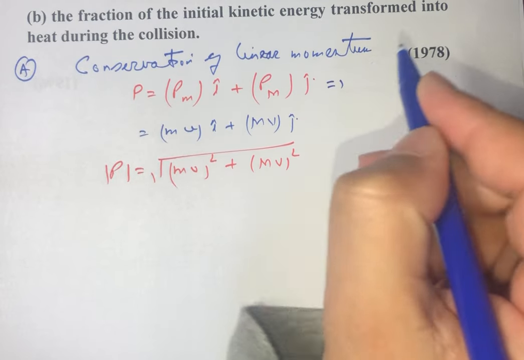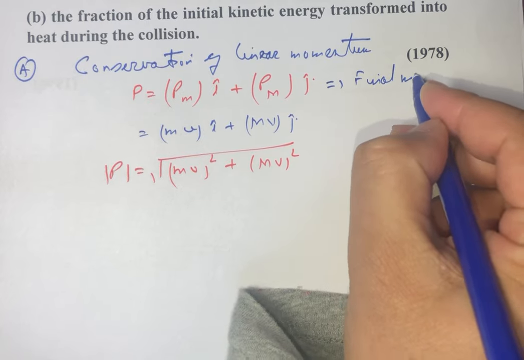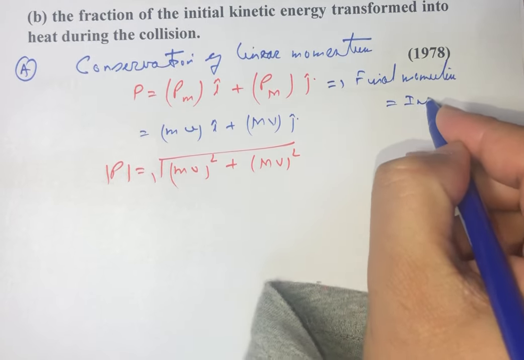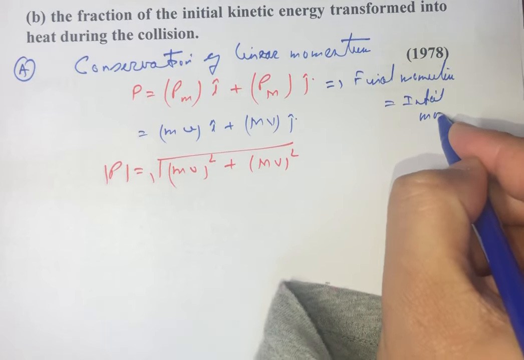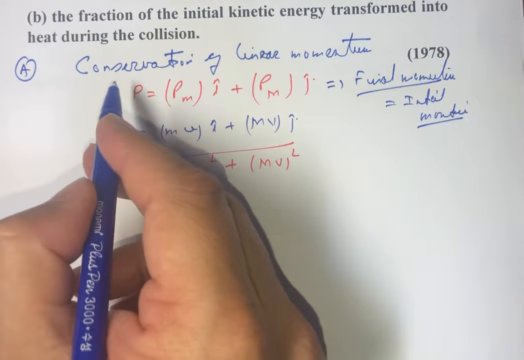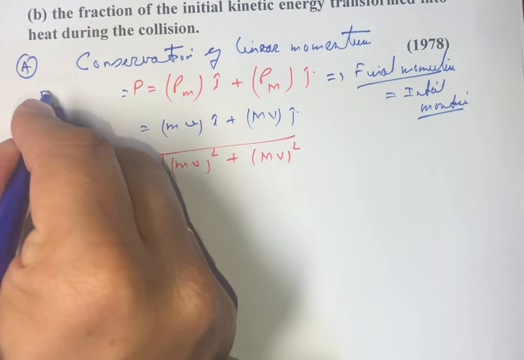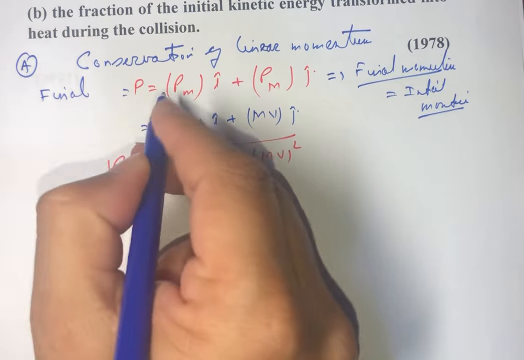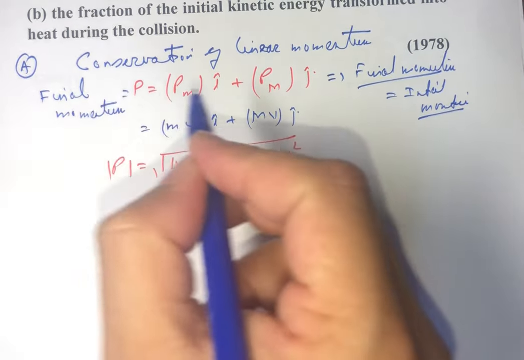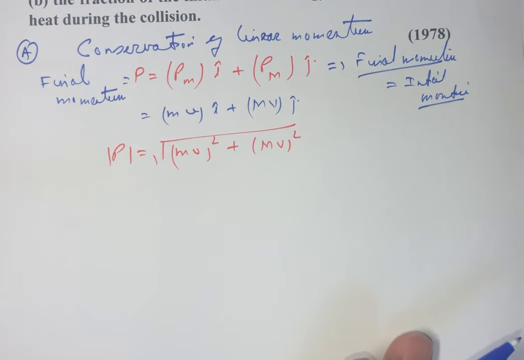So from here we can say final momentum is equal to initial momentum. Final momentum is represented by P, which is equal to the sum of their individual initial momenta.